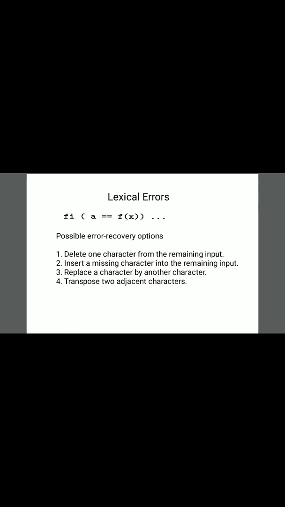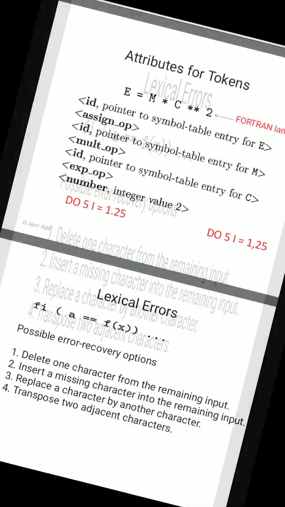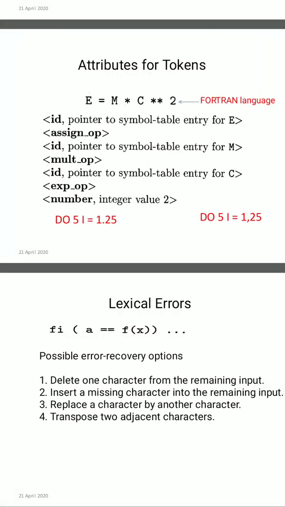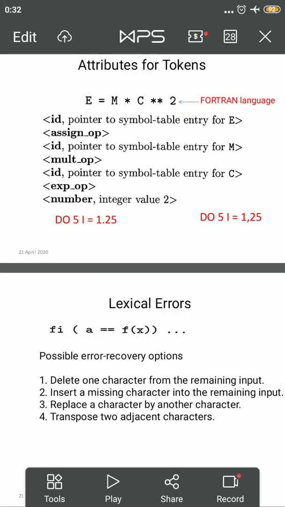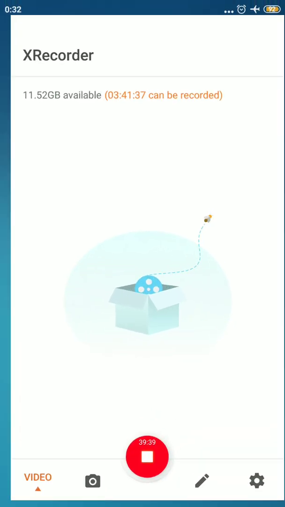So this is the beginning of lexical analysis, and in the next class I will explain the techniques that a lexical analyzer can use to classify them as tokens. I hope you have understood all the concepts explained here.